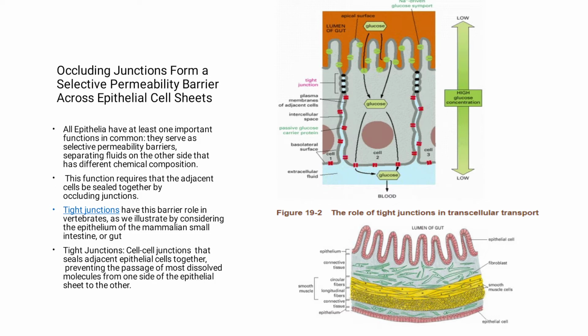This transcellular transport depends on two sets of membrane-bound transport proteins. One set is confined to the apical surface of the epithelial cell, shown in figure 19.2: the apical surface on the upper part and the basolateral surface located in the lower left part.